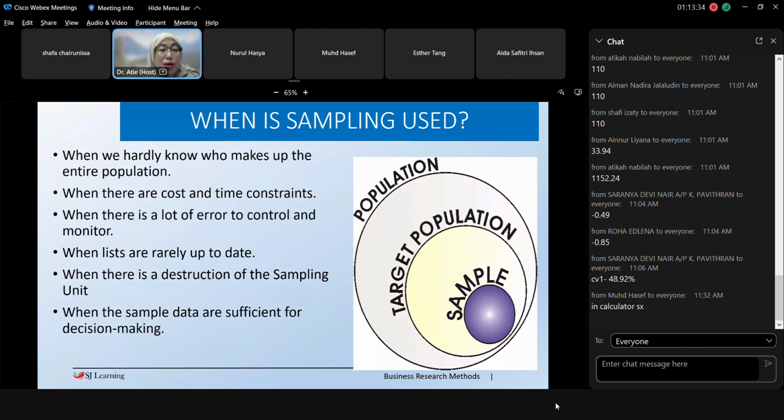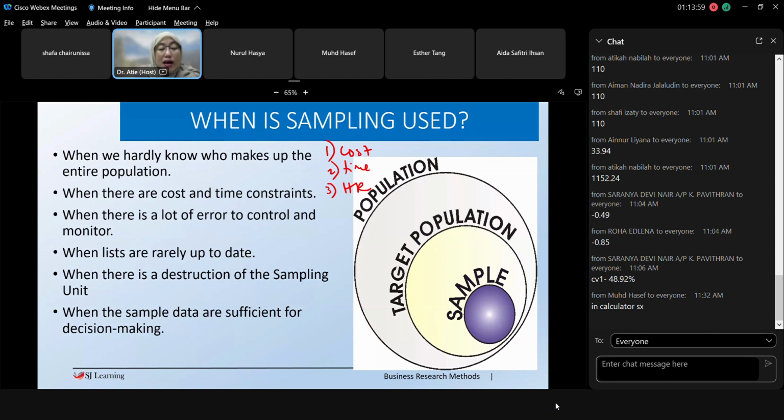Also when there are cost and time constraints. Usually we don't use the population when we have 3 constraints: one is cost, two is time, and three is human resources. So if you don't have many people to help you do the survey, for example, then it's better to use a sample.